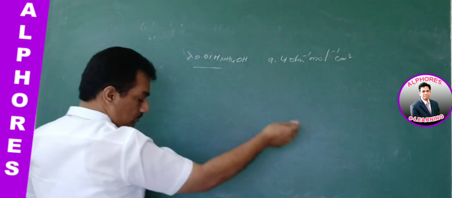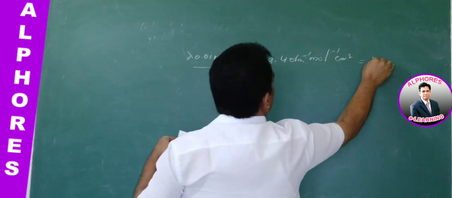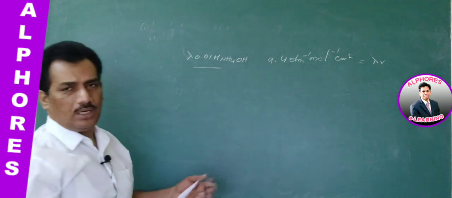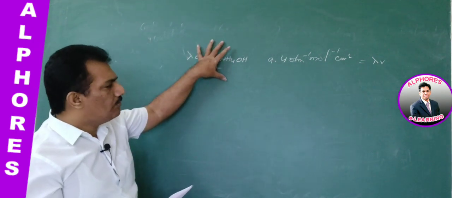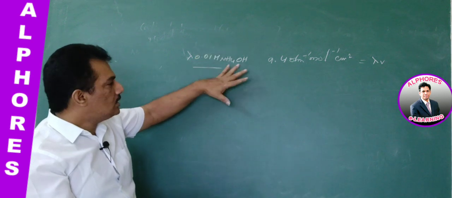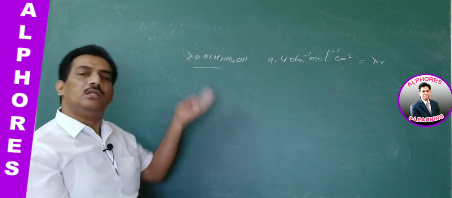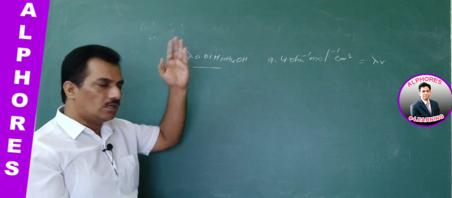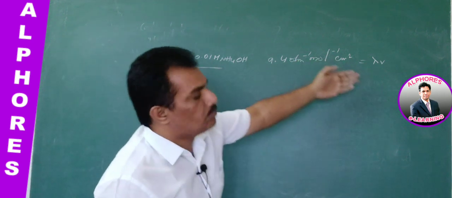Already we know we can consider this as lambda V, because when concentration is given, it is at a particular dilution. If concentration is 0, then automatically it is at infinite dilution, is it not? So here concentration is given, it is at a particular dilution.